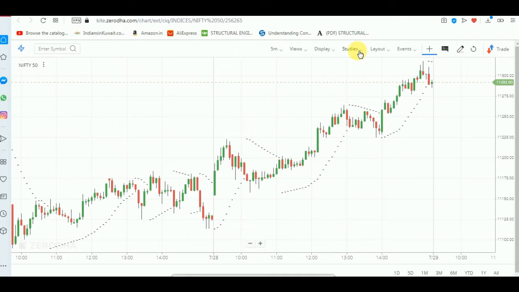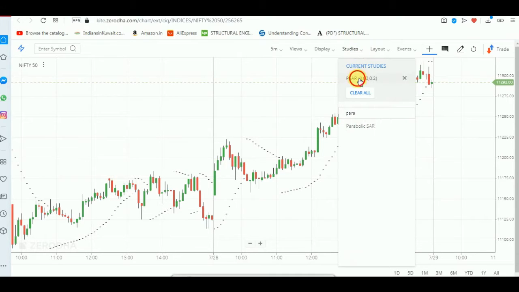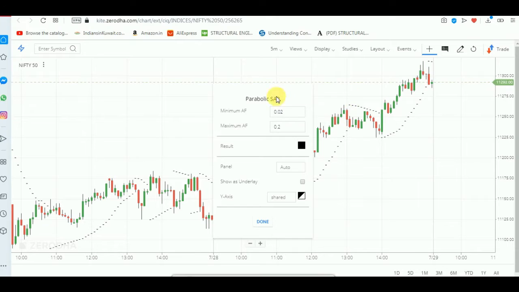Let me click this parabolic SAR once again. Here you can see the settings. One is the minimum AF and the other one is the maximum AF. AF stands for acceleration factor.